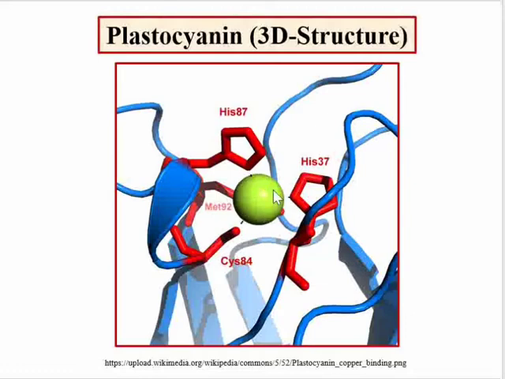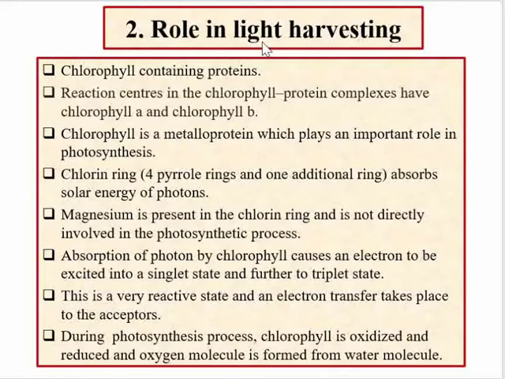Now, the second role of these metalloproteins is light harvesting. These metalloproteins are also involved in the light harvesting of the photosynthetic system. These are chlorophyll containing proteins, and these chlorophyll containing proteins are actually the reaction center of the chlorophyll, where the protein complex has chlorophyll A and chlorophyll B. We had already studied photosystem 1 and photosystem 2.